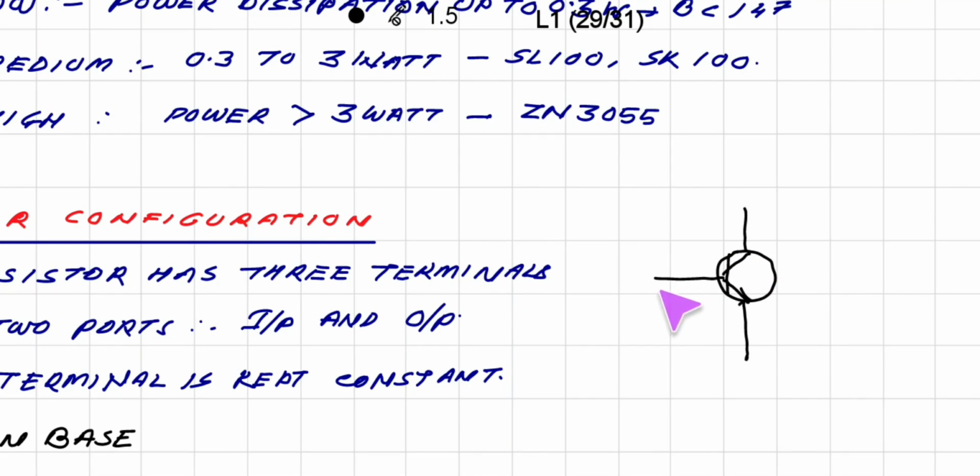Here suppose this is base. If base and emitter are common, we are going to connect input between base and emitter. So this is the input side, and here we are going to take output, between collector and emitter in case of common emitter. So here it is the output side. So there are 2 ports, input port and output port.